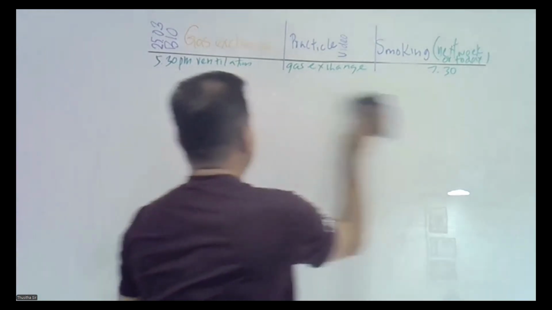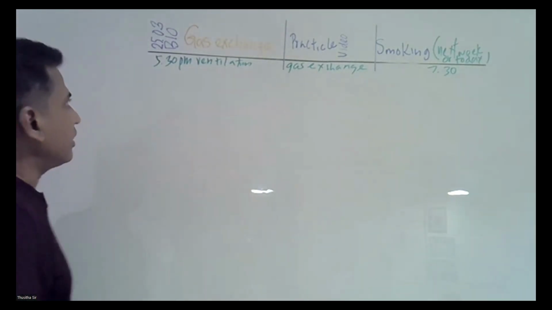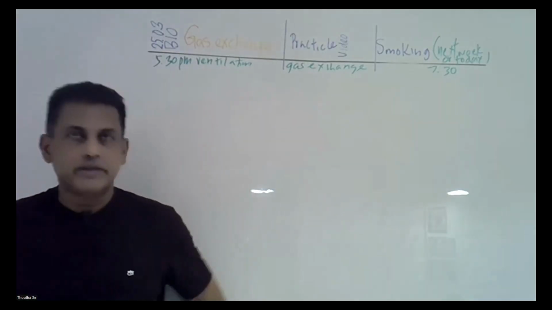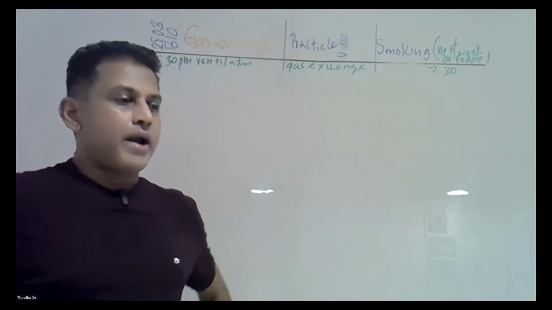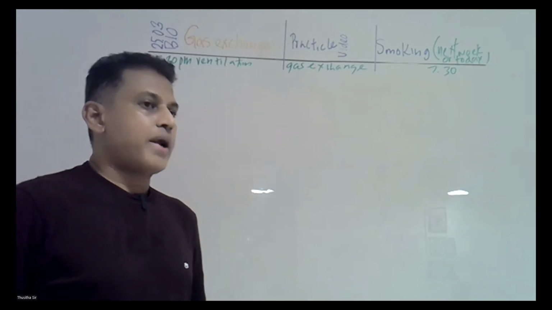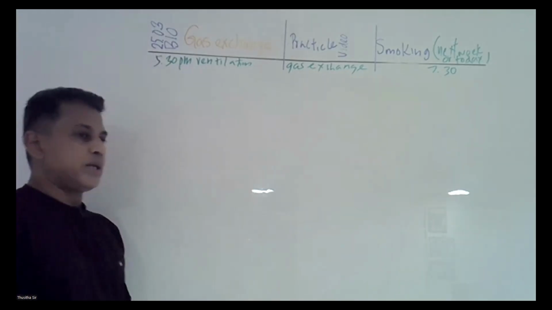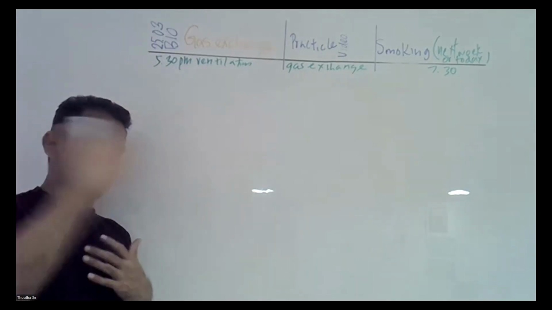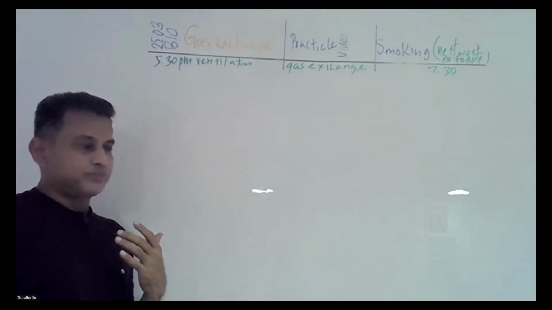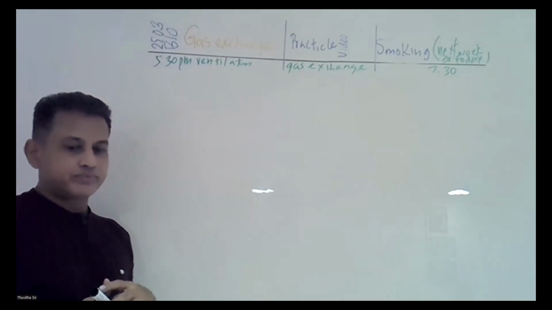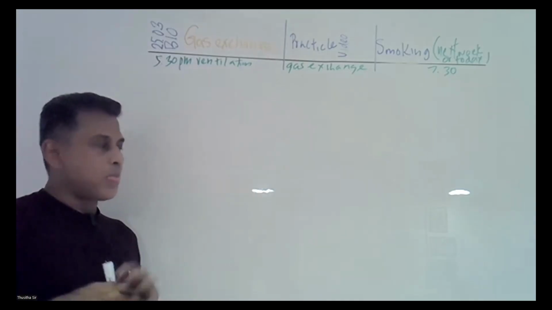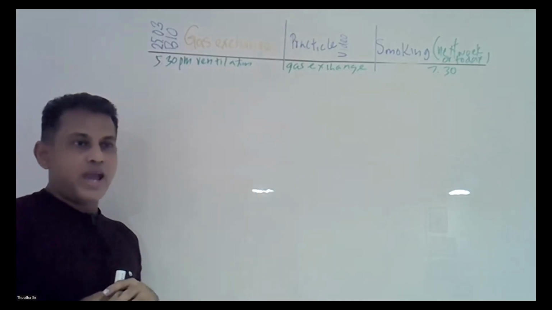Right, next thing is a practical. So there's a small practical. In this practical, we're going to identify the gas we remove from the lungs, which is carbon dioxide, right? So in your level, you have to identify gases.